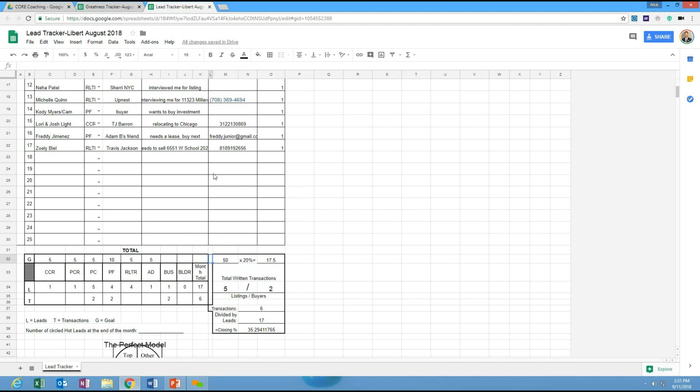So the goal here is to really get aggressive with getting contracts. Your total written transactions. So we're tracking, there was our goals, G. The G is for goals. L is for the number of leads you actually got. So you can see that the codes down here. L is for the leads you actually got.